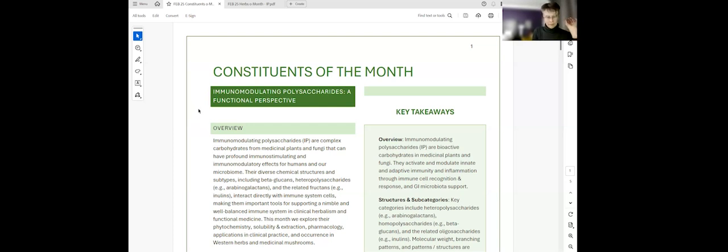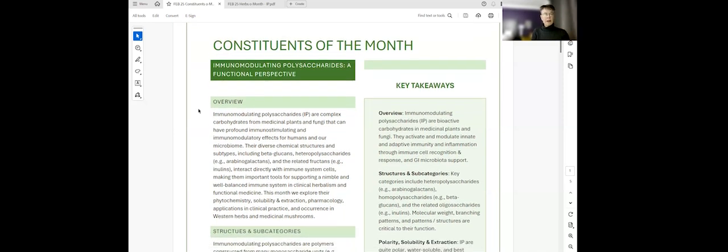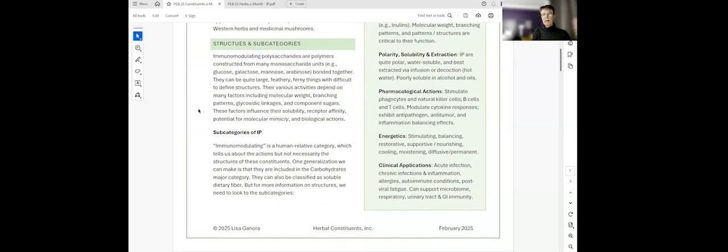So let's see, please advance properly. Yay. So I start out with an overview and then some things about the structures and the subcategories so we can have a context to locate these things in. And then for those busy moments, we have key takeaways, right?